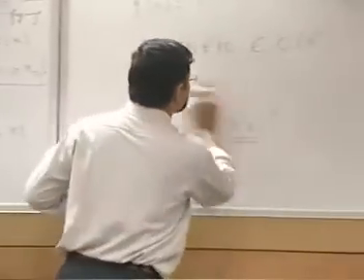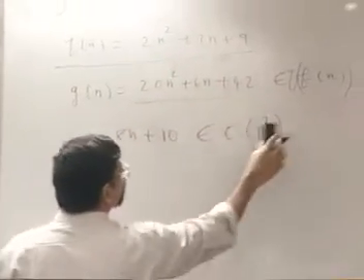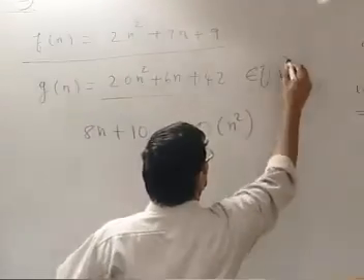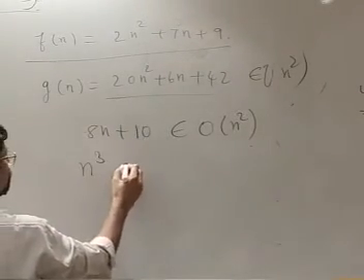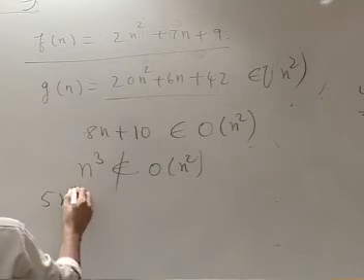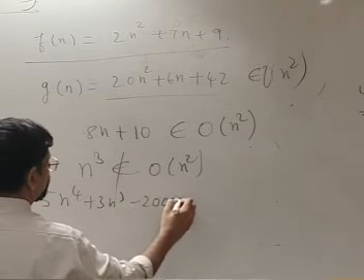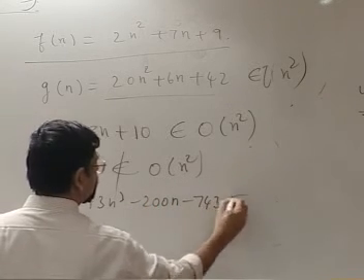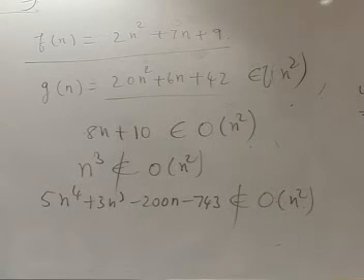So, we have seen 3 examples. This belongs to O of n square, whereas n cube doesn't belong to O of n square, and so is 5n power 4 plus 3n cube minus 200n minus 743, which doesn't belong to O of n square, because if you take the ratio of that with this and let n tend to infinity, the ratio goes to infinity.